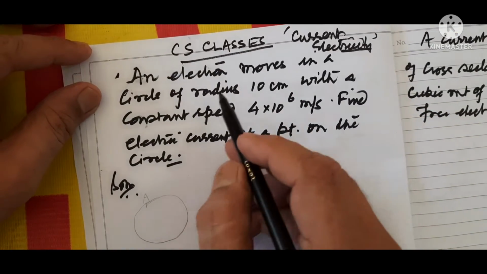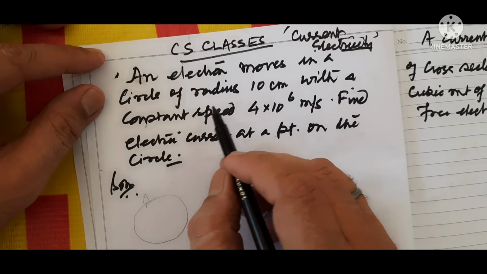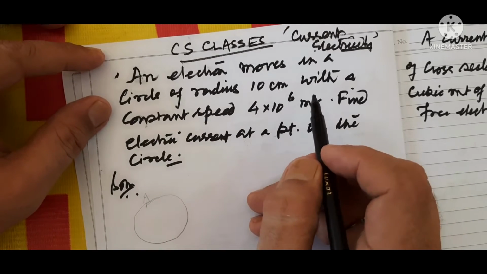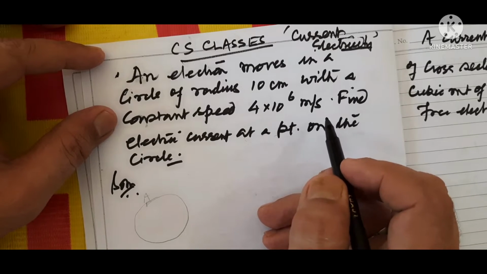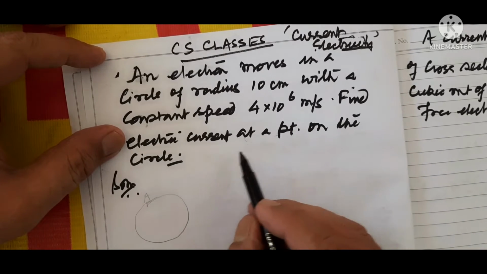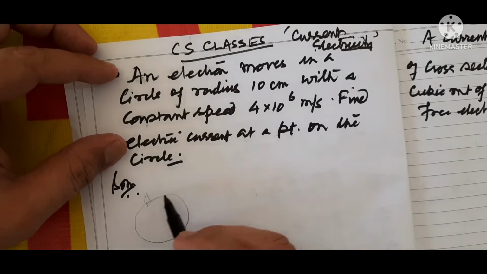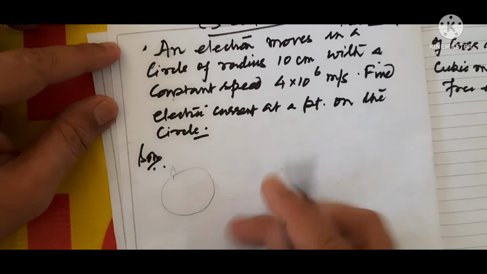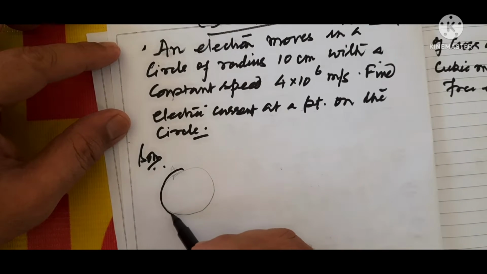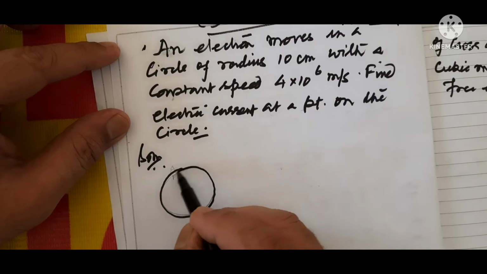First question: an electron moves in a circle of radius 10 centimeter with a constant speed of 4 into 10 to the power 6 meter per second. Find the electric current at a point on the circle. Just imagine, one circle is there, and the electron is revolving in this manner.